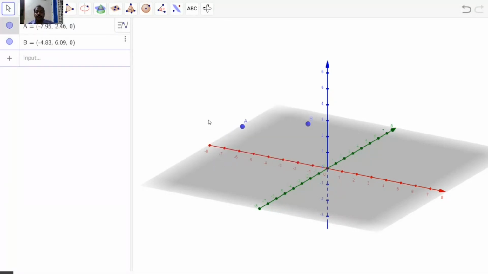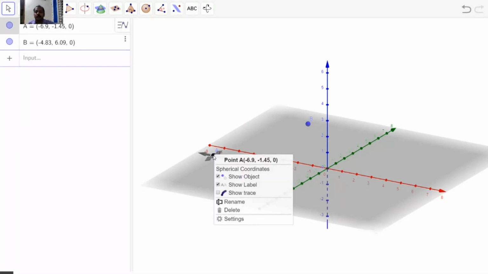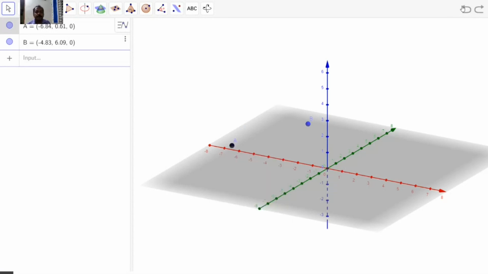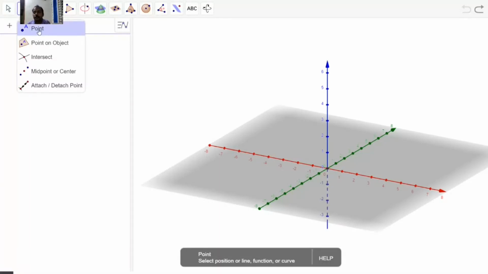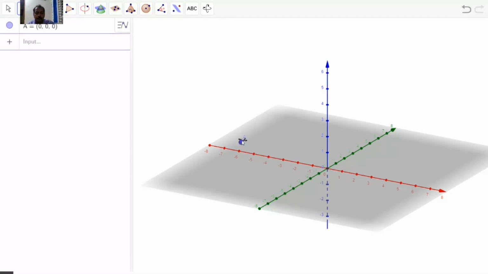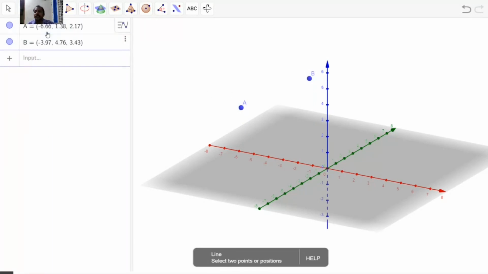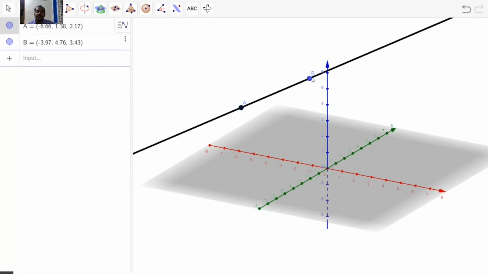Drag these 2 points, and plot a line L passing through these 2 points.